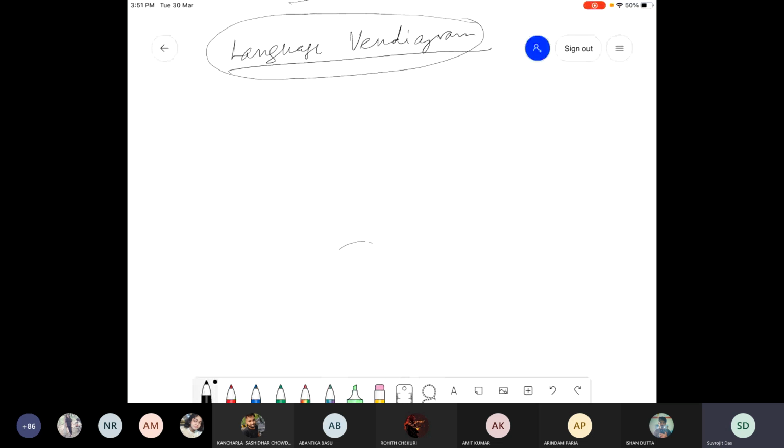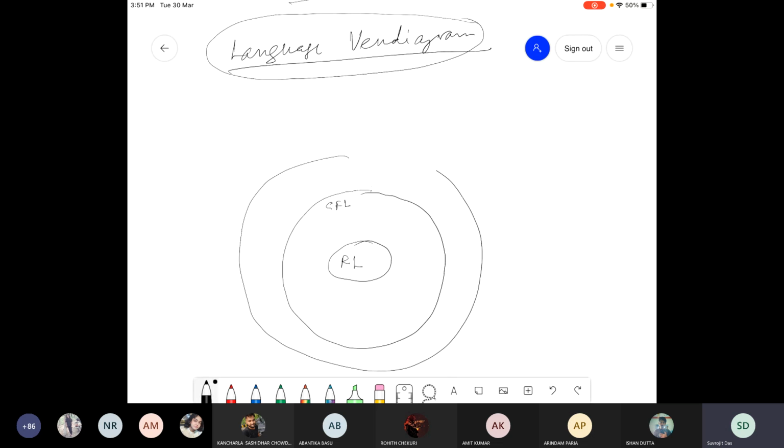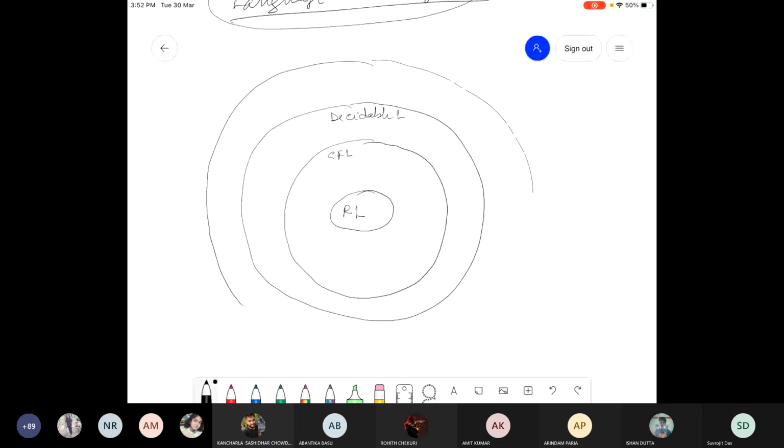We had regular languages, context-free languages, decidable languages, and undecidable languages or Turing recognizable languages.